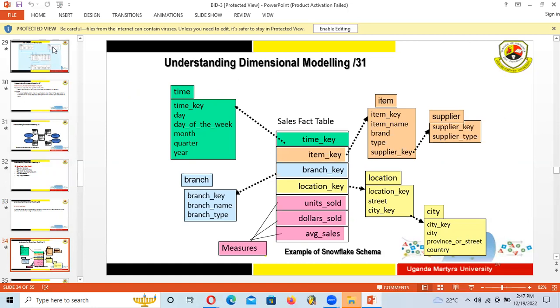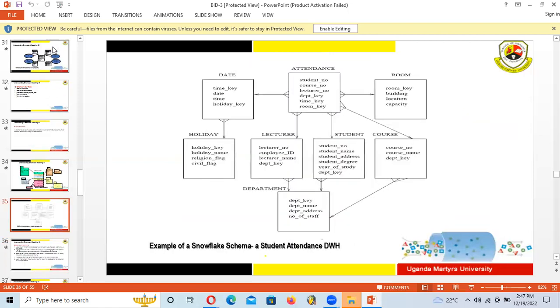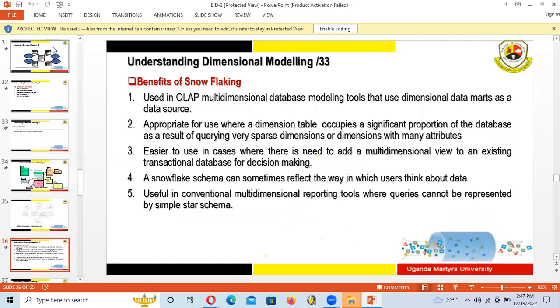Here now we are normalizing the hierarchy, and we have extensions of a dimension table, such as in this dimension table, we have a supply key that extends to the supply dimension.